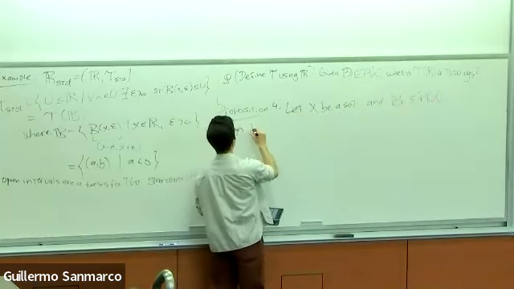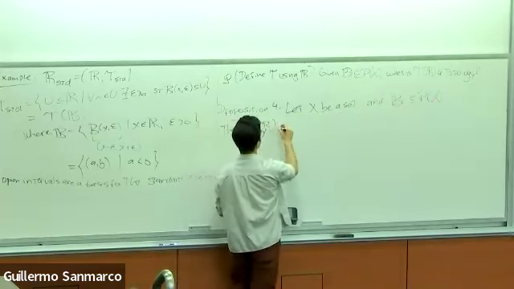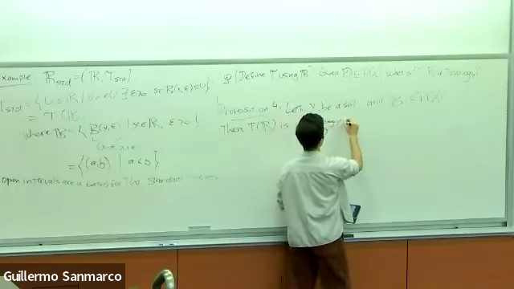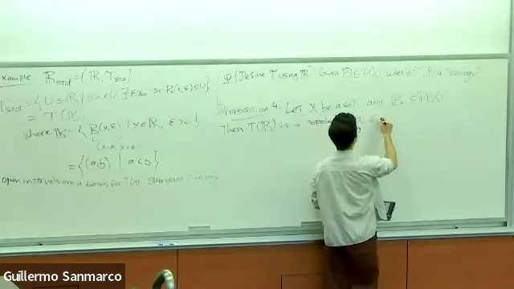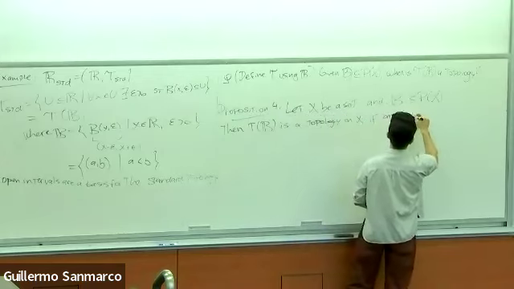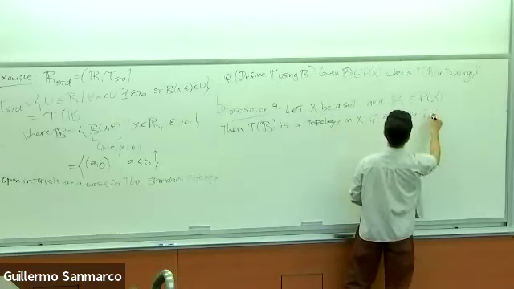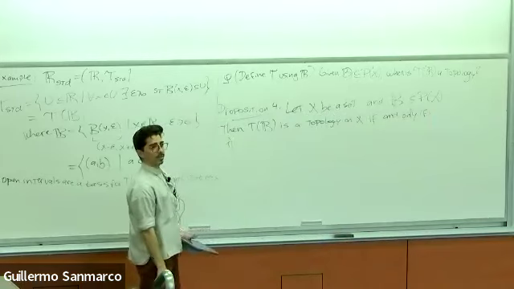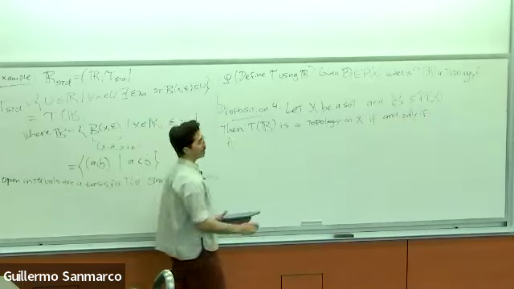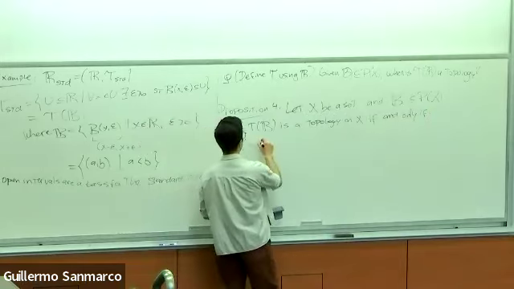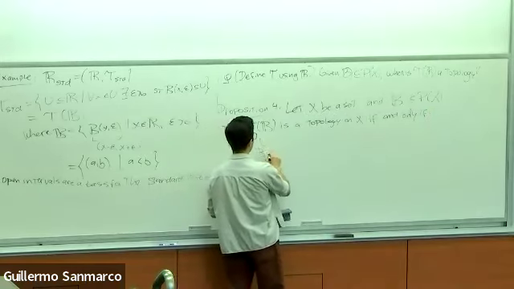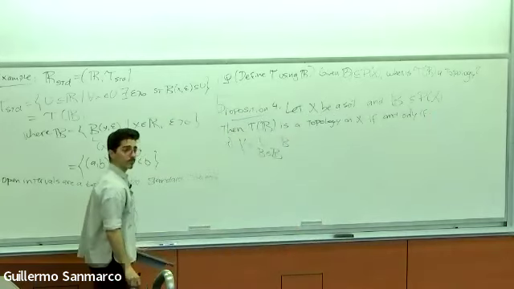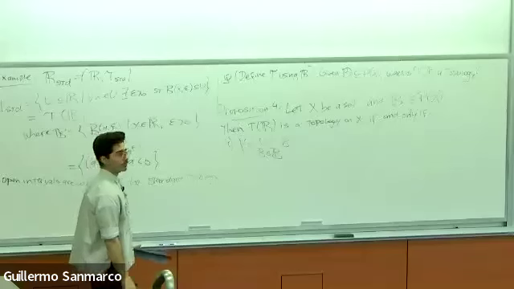Then T of B is a topology on X if and only if two things. The first one is kind of innocent: X is in T of B, so X is the union of all elements in B. That's the trivial one.